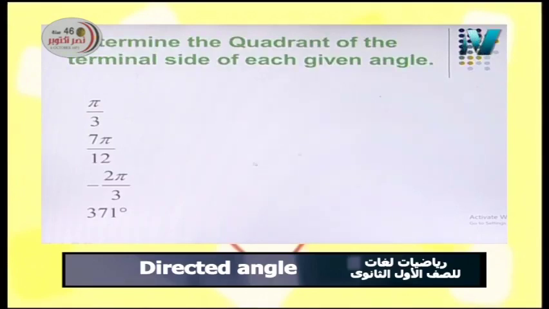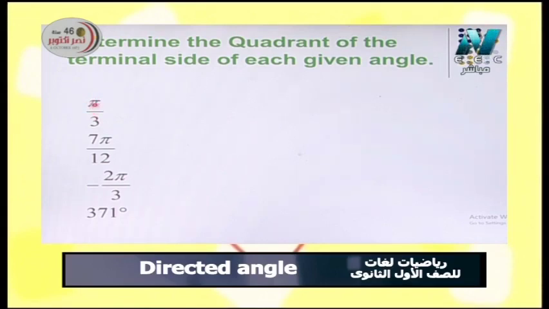As homework for you, my dear students, determine the quadrant of the terminal side of each given angle. Write these questions: pi over 3, 7 pi over 12, negative 2 pi over 3, 371 degrees. And we can find it in degrees if we put 180 instead of pi: 180 over 3.